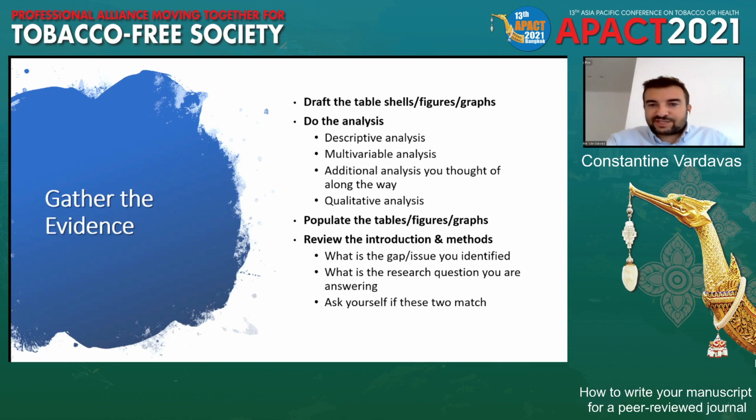This is where you double check what you thought of as your research hypothesis. Is this actually being analyzed? Because sometimes you end up, and this is common, it happens, that you have a research hypothesis and you're starting with it.